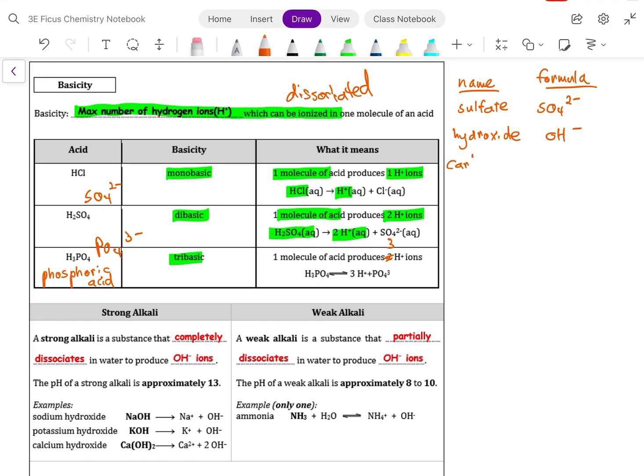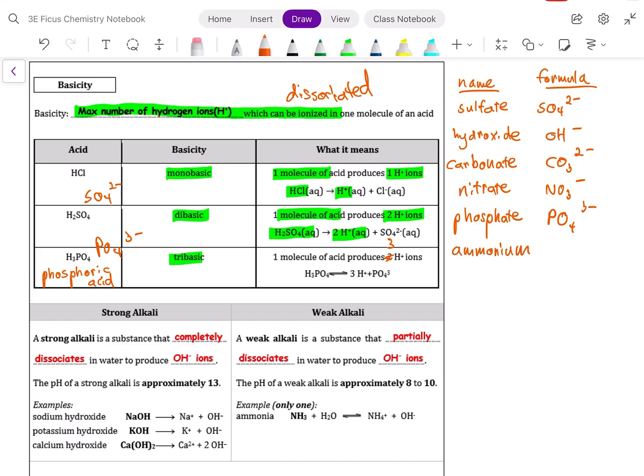What's a carbonate? It's your CO3 2 minus. Nitrate is very commonly seen as well, NO3 minus, 3 at the bottom, minus at the top. Then we have phosphate, PO4 3 minus.